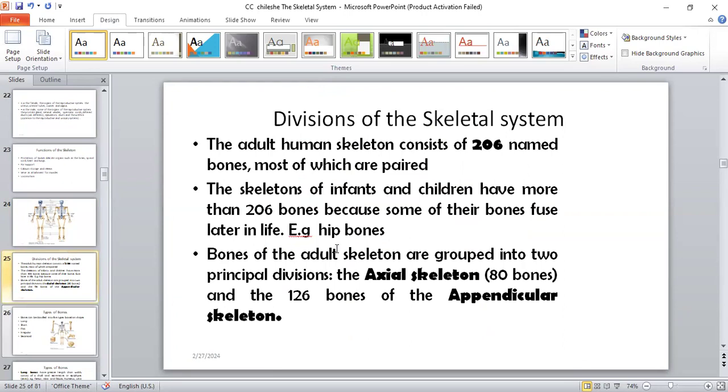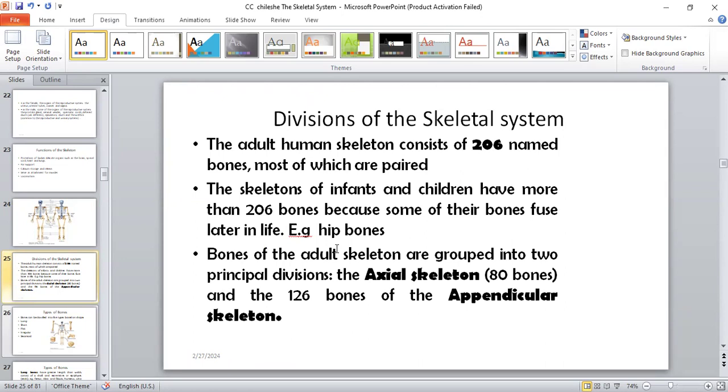The human body has a total of 206 bones. And those bones that we're talking about are just the named bones. Others may not have specific names, and they may be too small, so they're not named. So we have 206 bones.